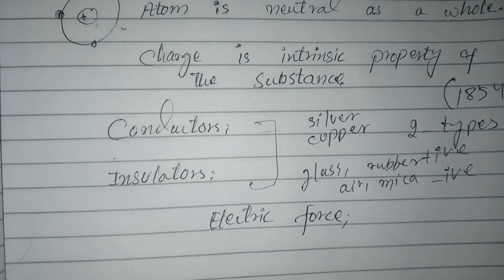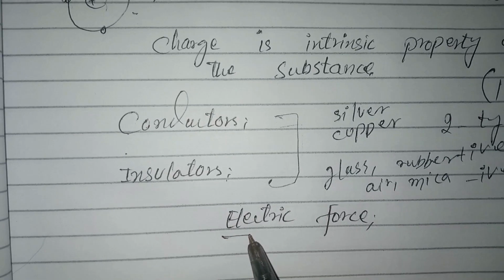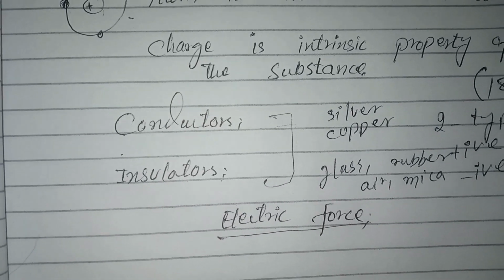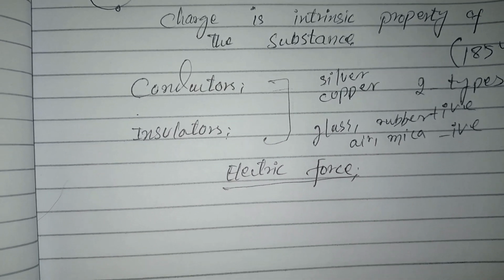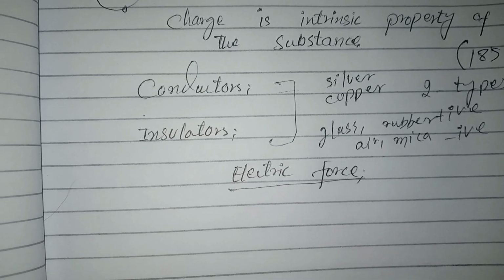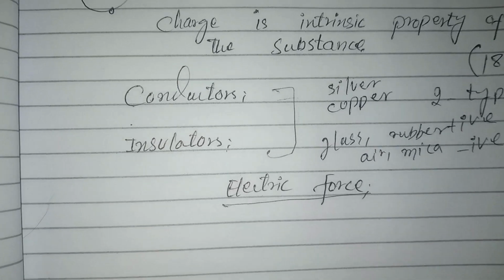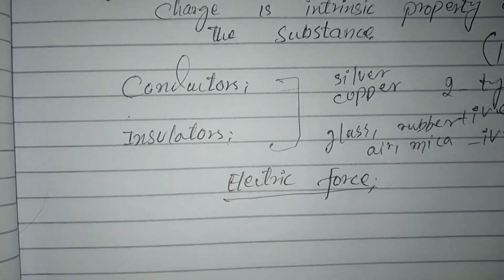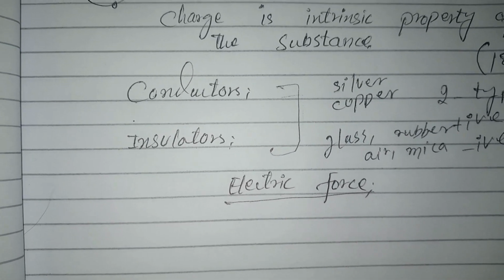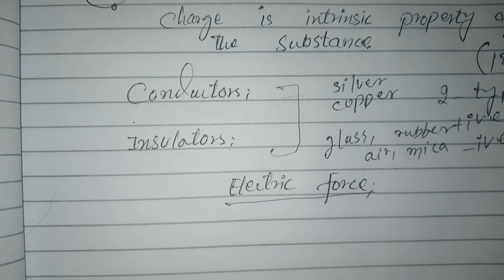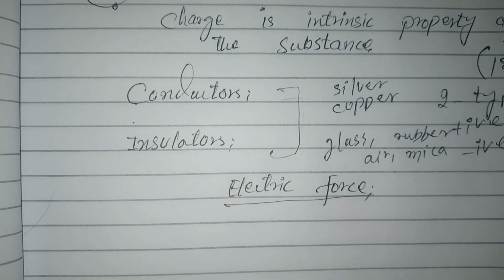Then we have another thing which I want to discuss here: electric force. It is the force which holds together the positive and negative charges that make up atoms and the nucleus. This is the force which we will discuss in the whole chapter and the whole textbook of physics.